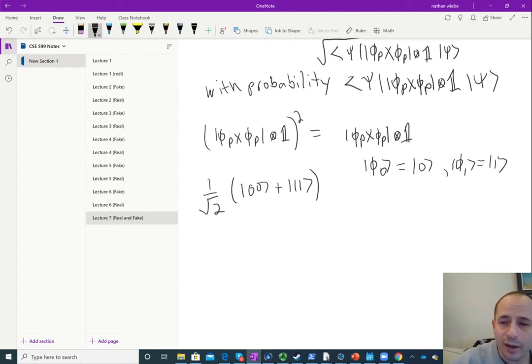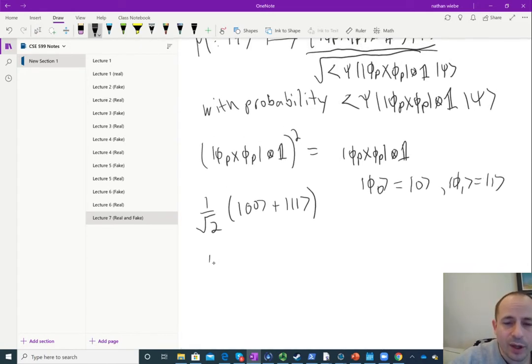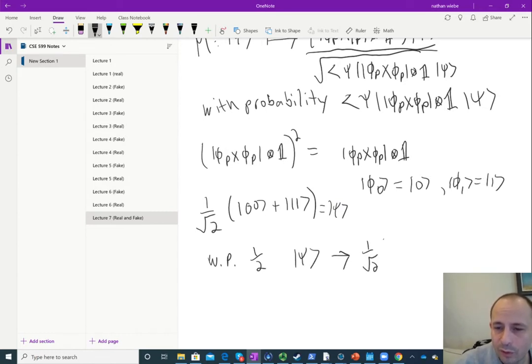Now measuring the first qubit using these two things, we will, with probability 1/2, map psi to 1 over root 2, |0><0| tensor identity acting on |00> plus |11>.